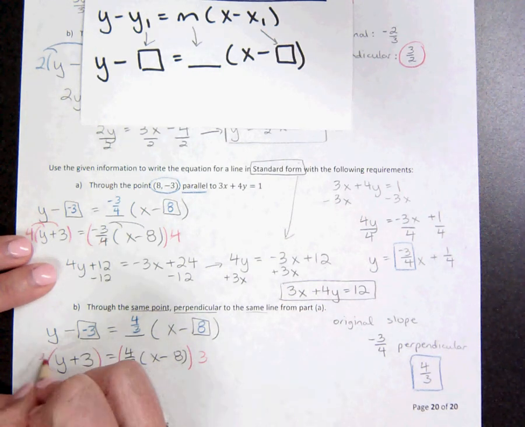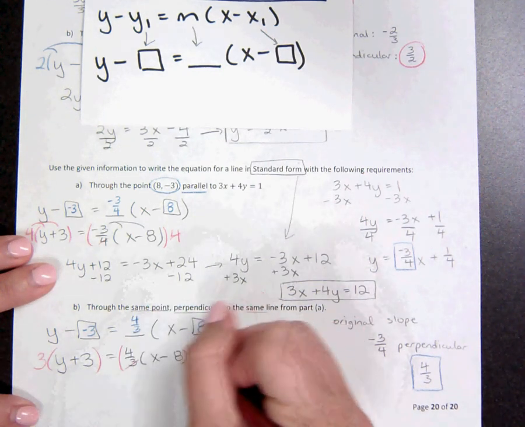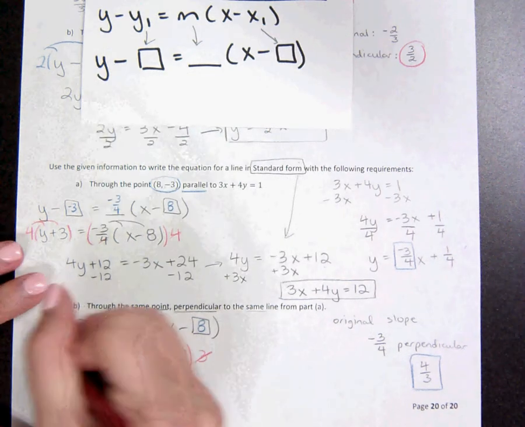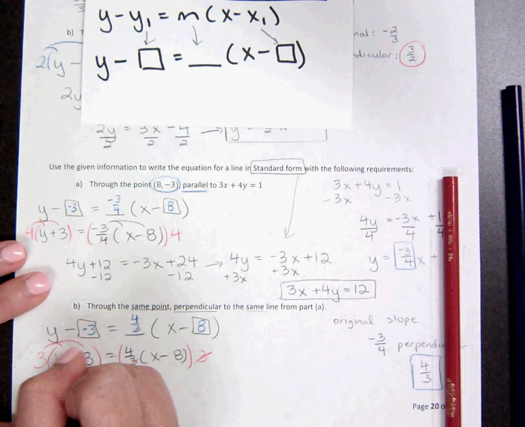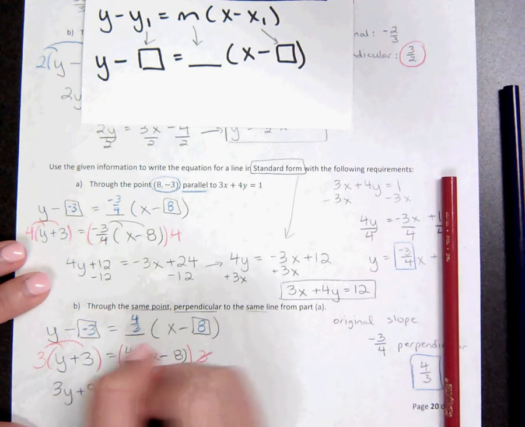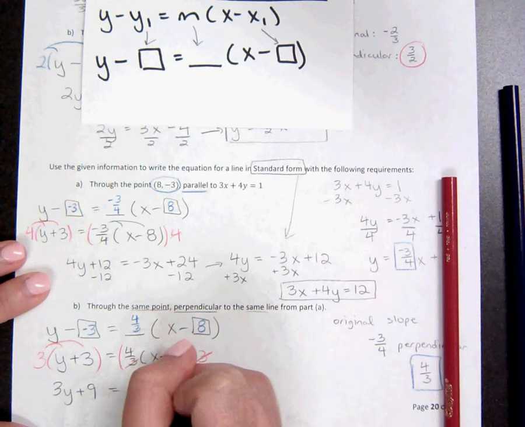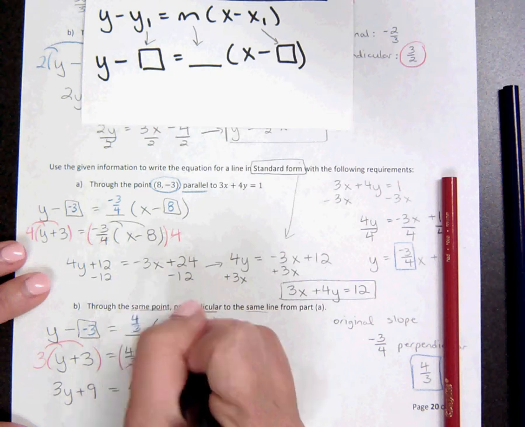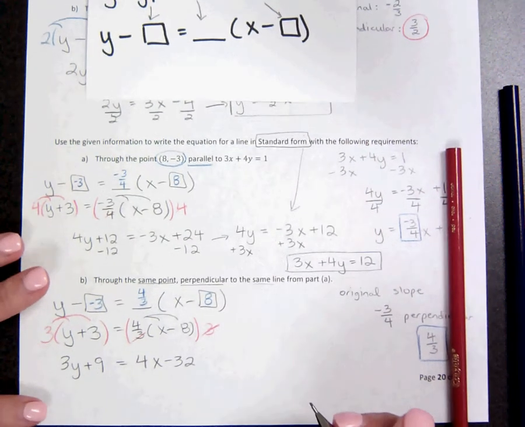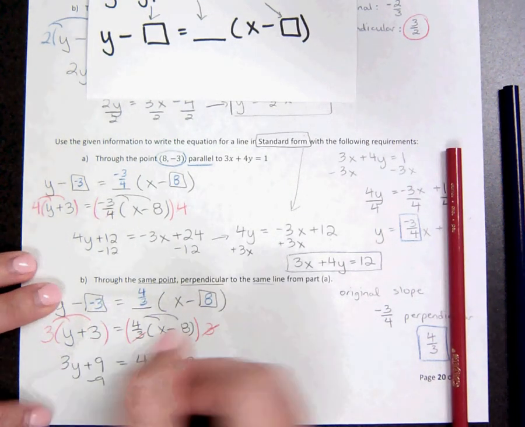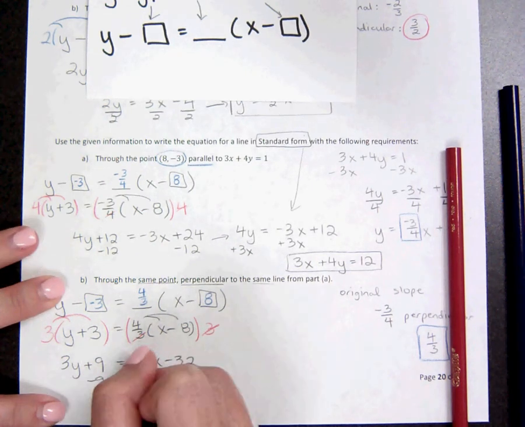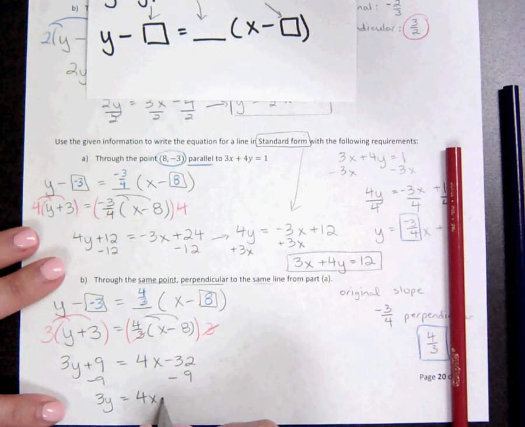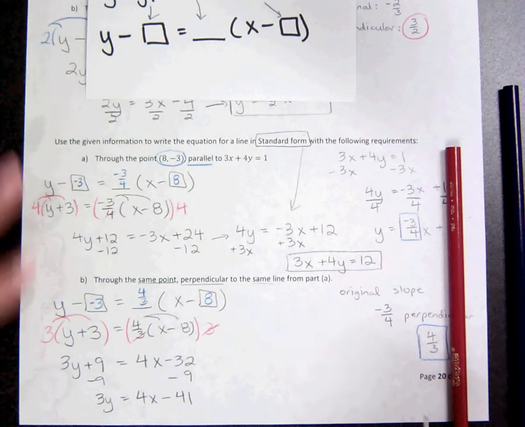It just cancels the denominator on the right. Distribute on the left. From here we have 3y plus 9 equals 4x minus 32. I'm going to go ahead and distribute that as well. Move my constants to the right. So I have 3y equals 4x minus 41.